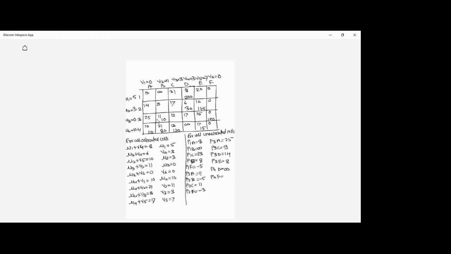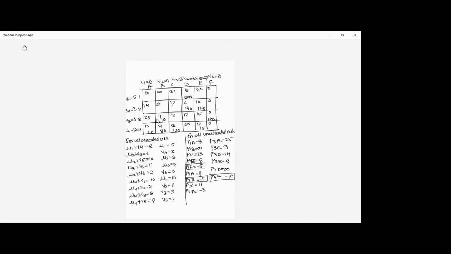So P4F, lastly, is 10 plus 0 is 0, and 0 minus 10 is minus 10. So here we have a negative value, here we have a negative value, and here we have a negative value.